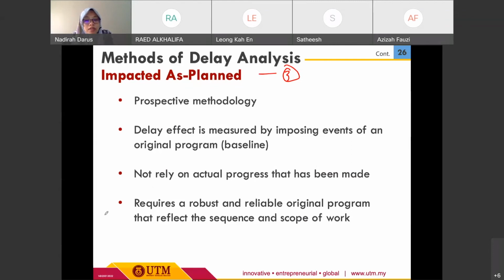For this method, it requires a robust and reliable original program that reflects the sequence and scope of work. That's the document that we need for this method.